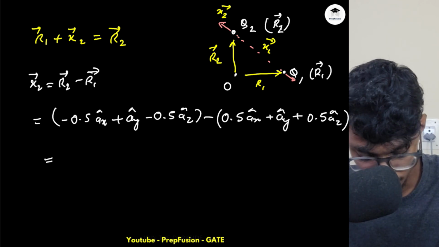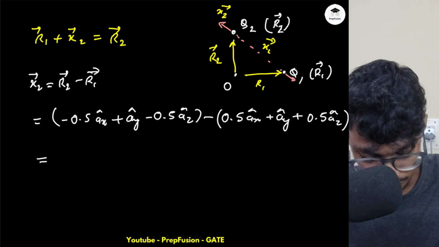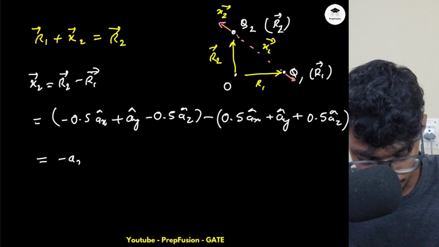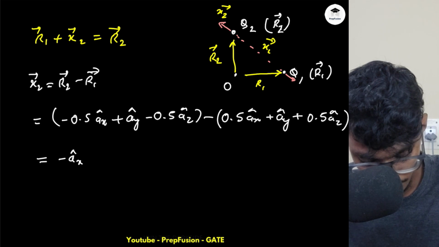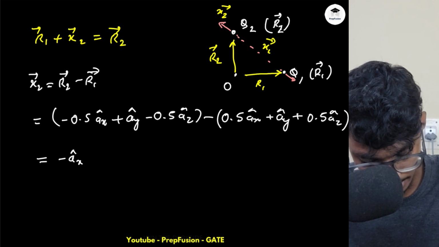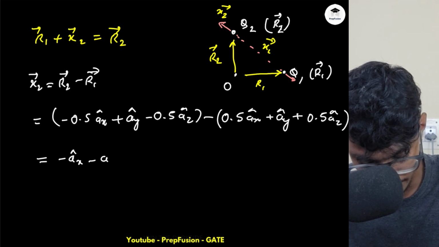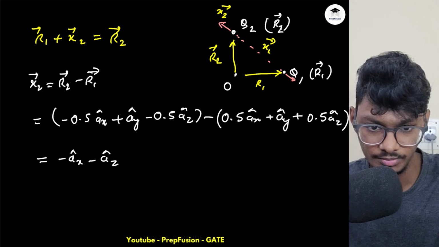So this will be minus ax cap, ay cap will be gone, and az cap also will be there, minus az cap.